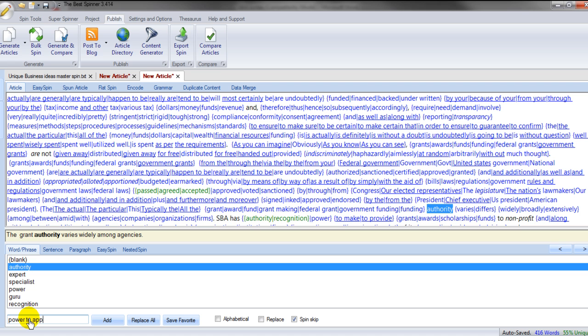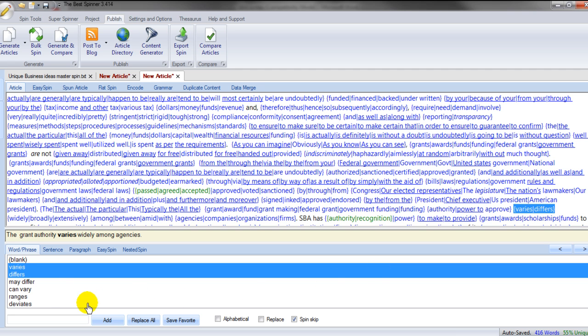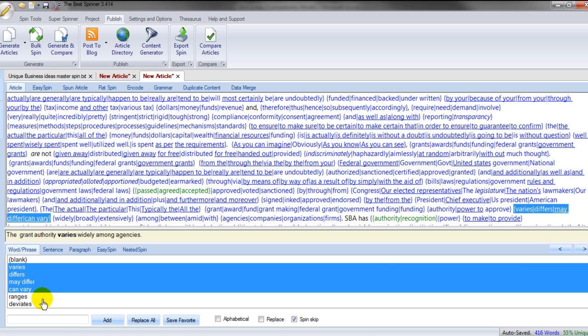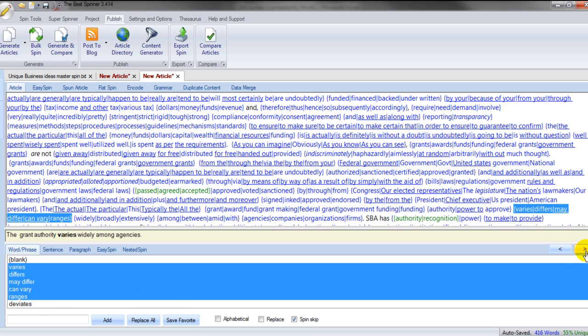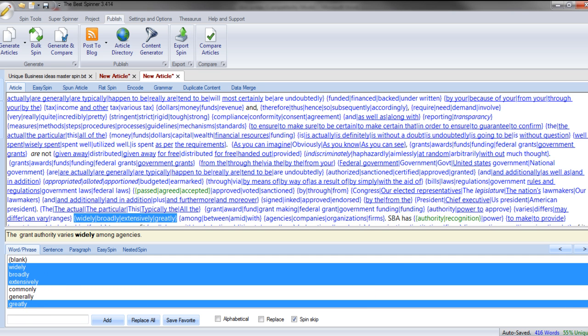Power to approve. Varies. So let's go to varies, differs, may differ, can vary, ranges, widely, broadly, extensively, greatly. We can do greatly.